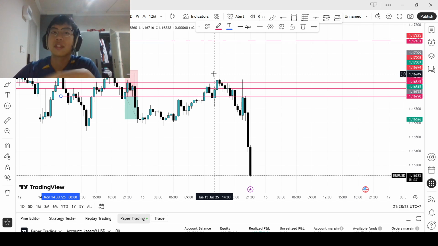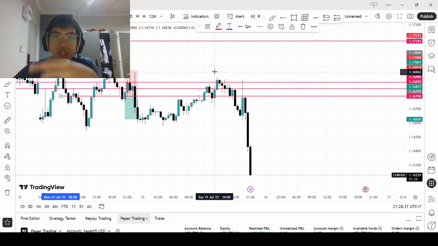So at this point, I was looking for more confirmation, liquidity sweep, break of structure, all the same things to confidently say that the market is reversing and we're going to the downside.